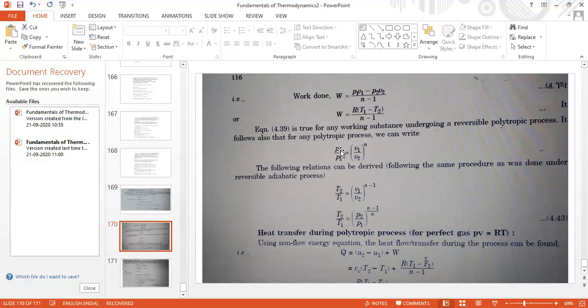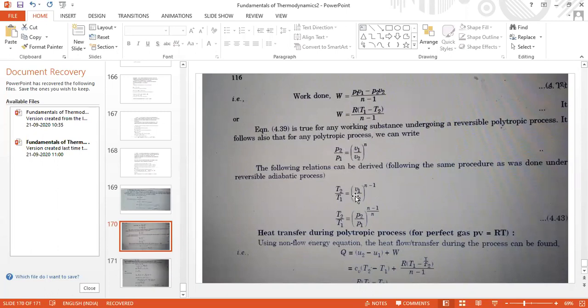If you cross multiply, you get P2 V2^n and P1 V1^n, which is nothing but constant. So either P1 V1^n, P2 V2^n or P3 V3^n, whatever it is, is constant, because these points 1, 2, 3 lie on the process.